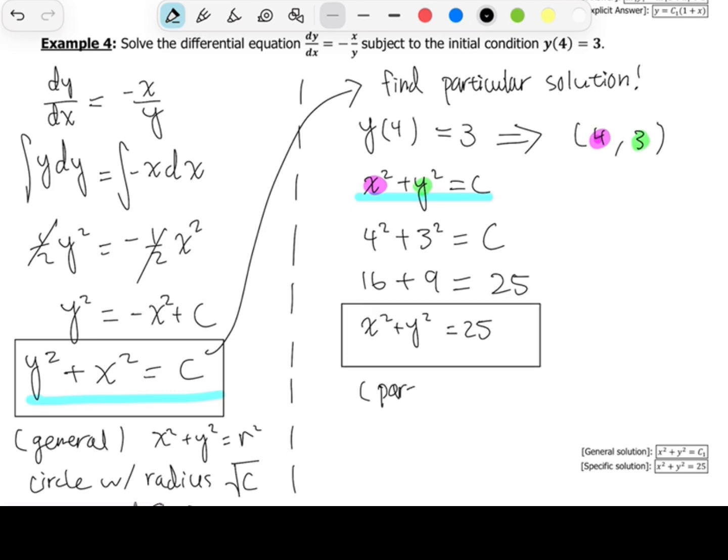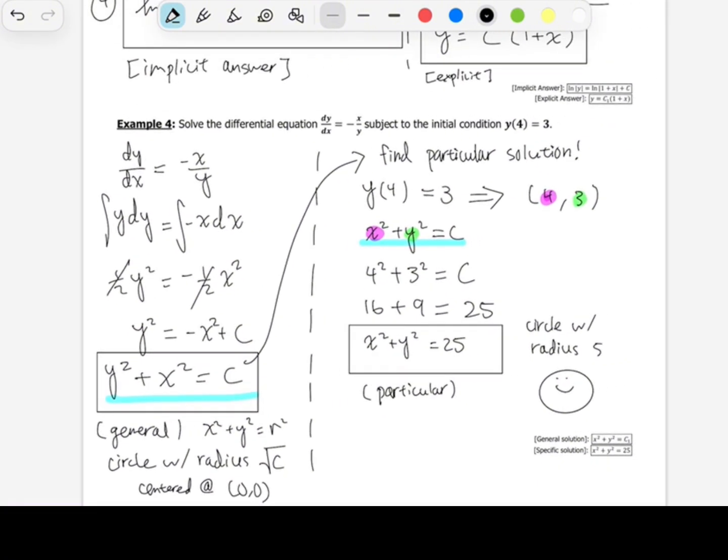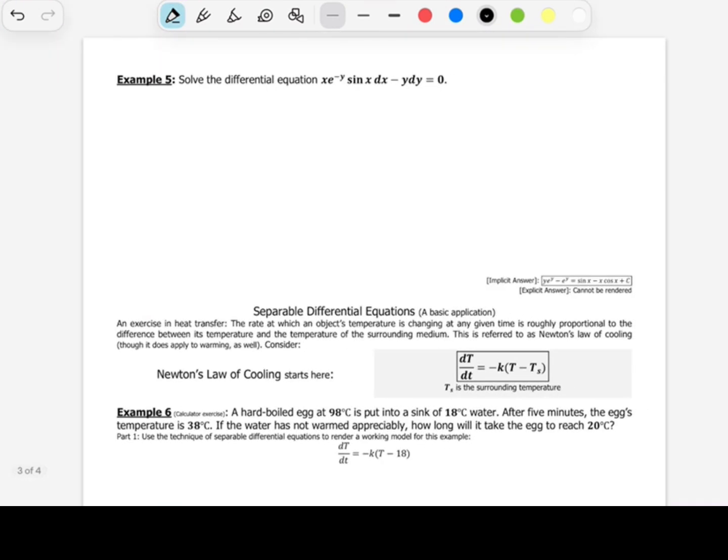Particular. And this is a circle with radius 5. Yay! Okay. Moving on.